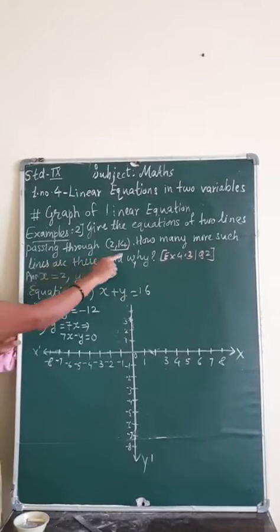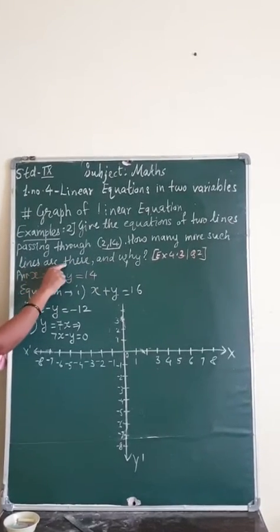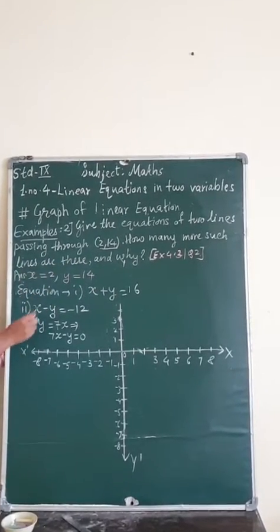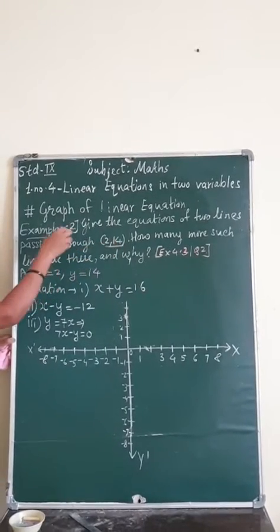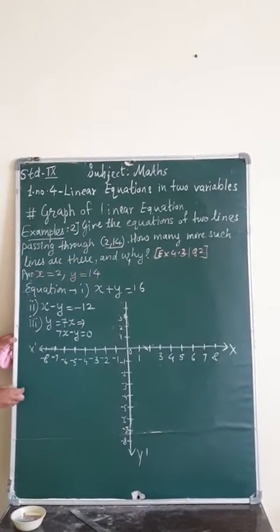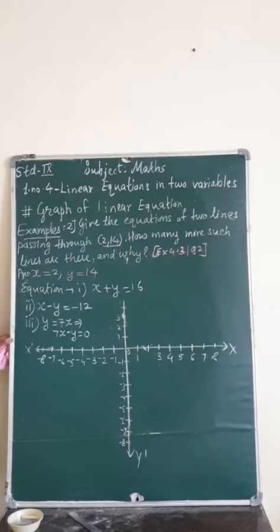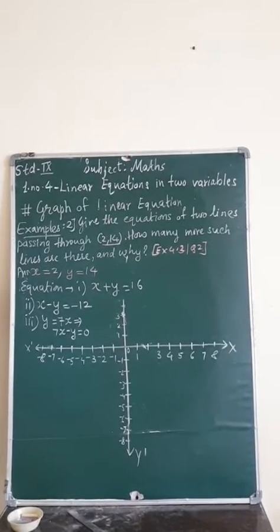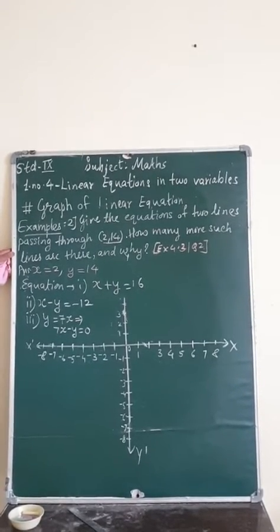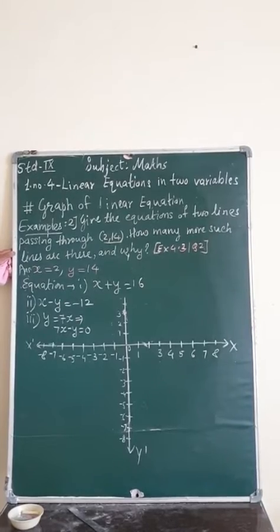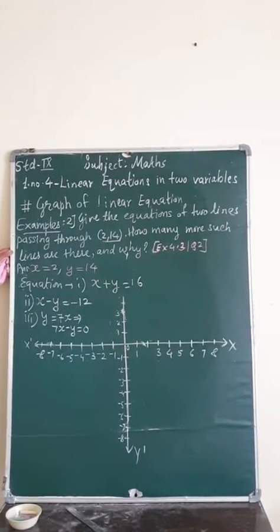Here they have asked us how many more such lines are there and why. So through this point, there are many lines passing, and this is how we can get many equations for the line passing through the point having coordinates 2, 14.